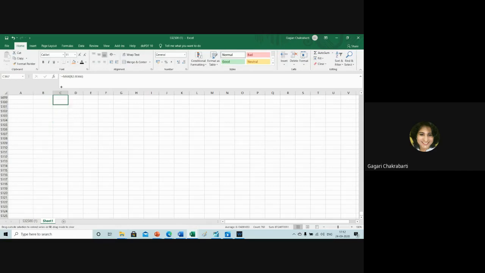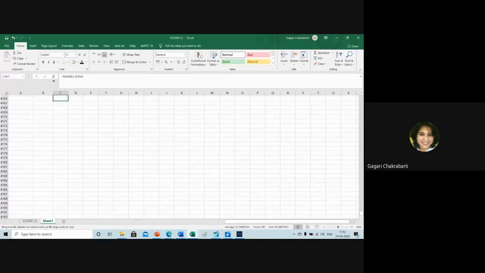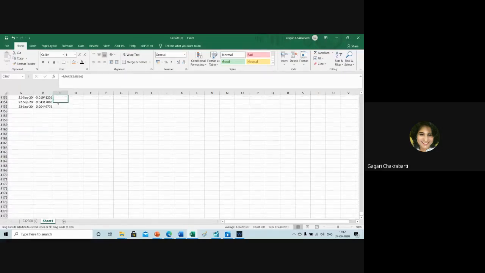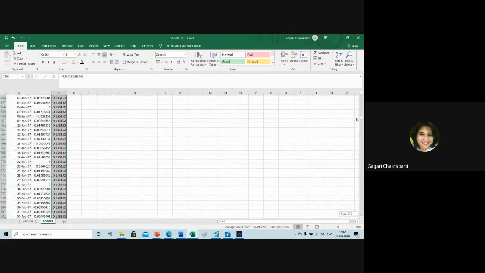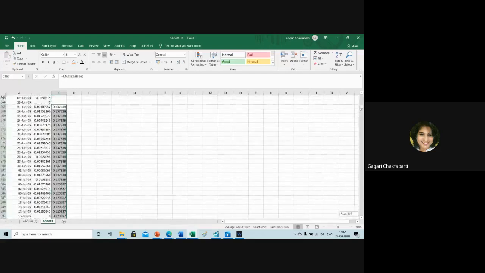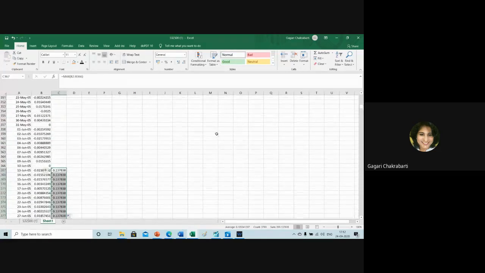Now for each day, we shall be comparing the return with that max return. So for say day T, we have one max return and we have one actual return. We shall be expressing the return on that day with that max return. So for this particular day, this is the max and this is the actual return.